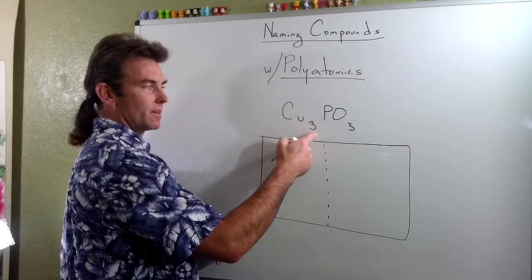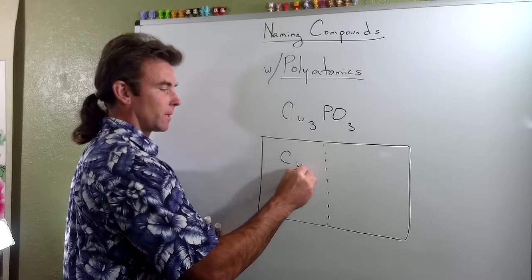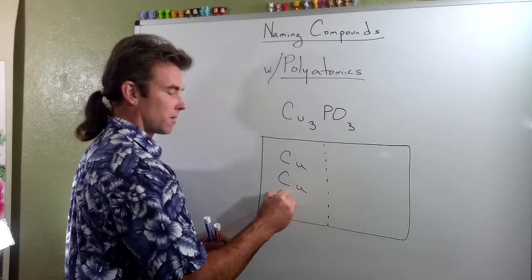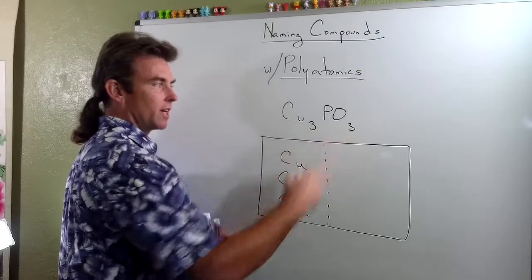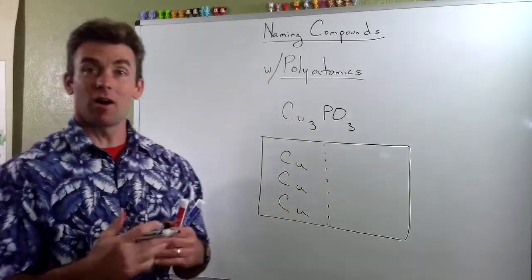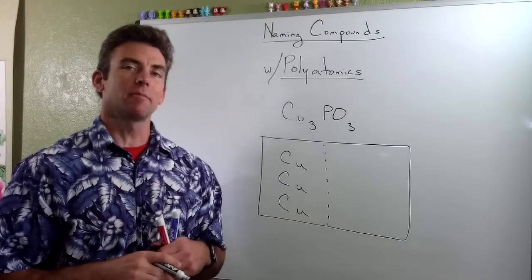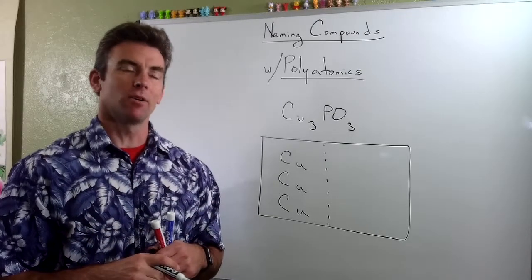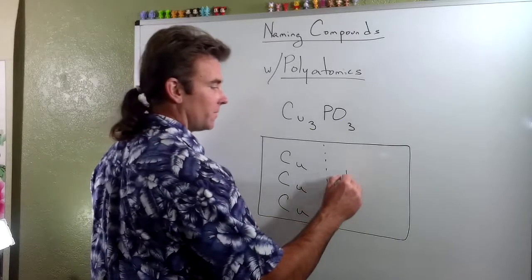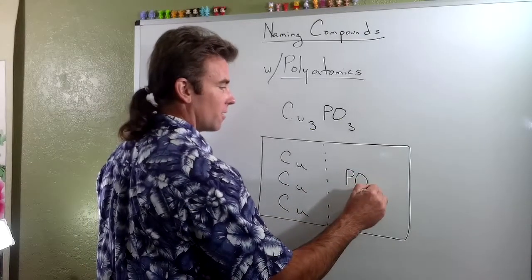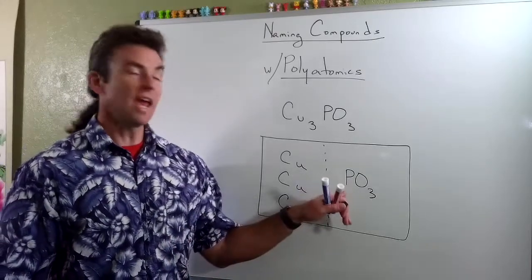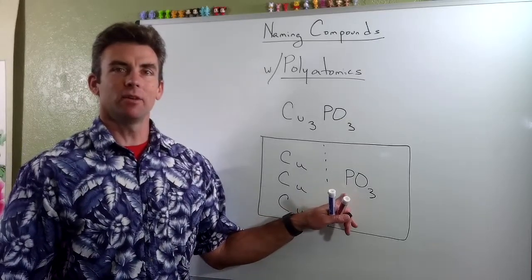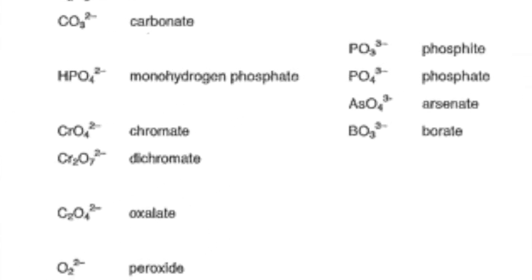We've got copper taken 3 times. And now we've got this big giant group of elements. They're all nonmetals. That's classic polyatomic ion territory. So what you have to do is put on your PO3, and you have to look up the charge and the name of it on the little resource guide that I give to you guys.